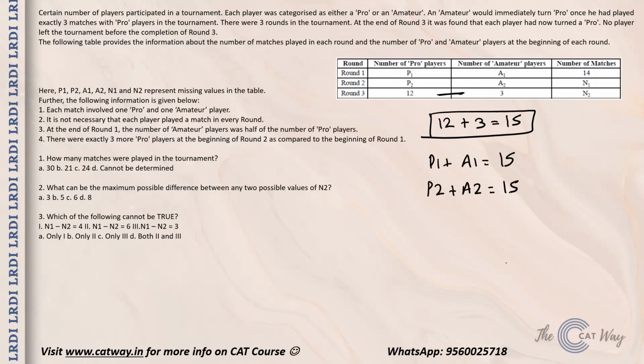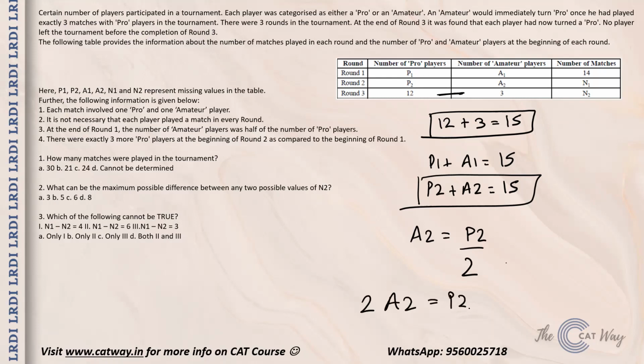Now if you look at statement number 3, at the end of round 1, that means P2 and A2, the number of amateur players was half the number of pro players. So basically we can say that 2A2 is equal to P2.